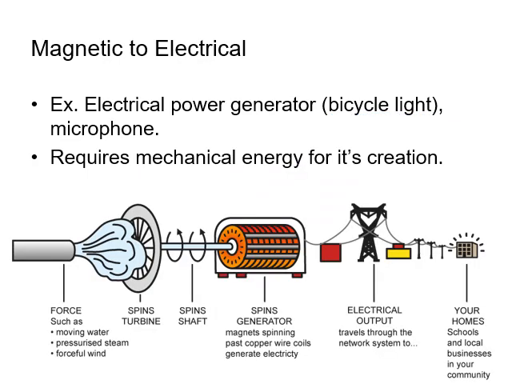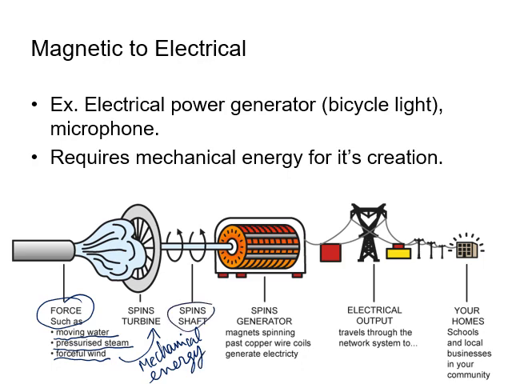So in a power generation plant, this force could be hydroelectric, like in a dam, could be pressurized steam, could be wind. This force spins the turbine. So here is the mechanical energy, turning a shaft, and that shaft would turn the huge coil inside the generator, and that would create electrical energy.